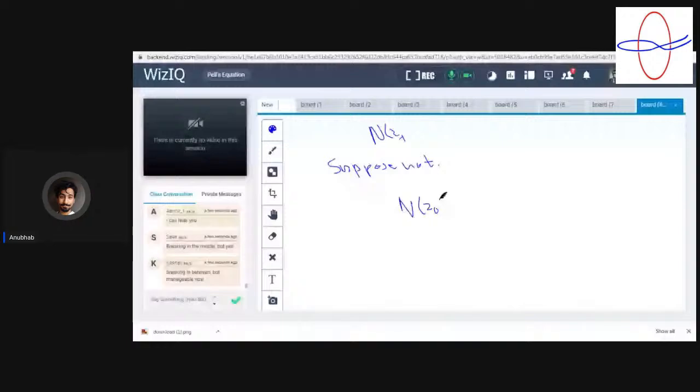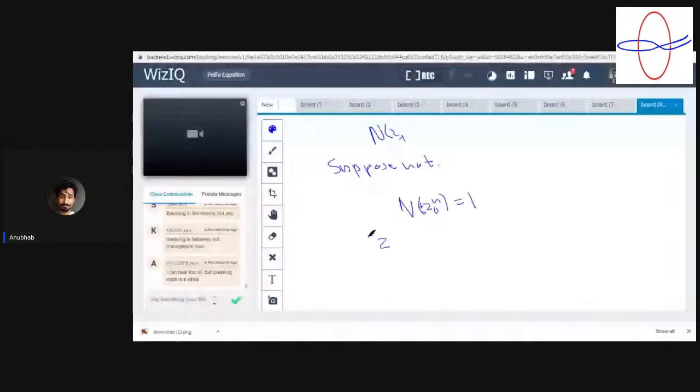So norm of plus minus z naught to the power n is 1. We proved this. Now what we are going to prove is that these are infinitely many, and that otherwise we would have a solution z such that z equals z naught to the power n.